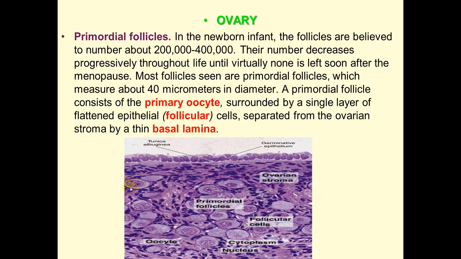And around this primary oocyte we can see one layer of flattened epithelial cells, follicular cells. And if it is epithelial cell, there has to be a basal lamina. The basal lamina covers the outer surface of the follicle. Now look around, you can see a lot of primordial follicles which are covered by one layer of follicular cells.